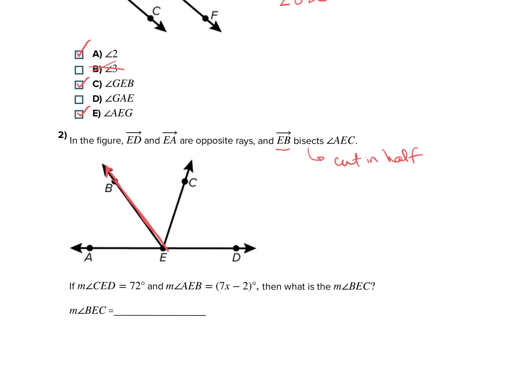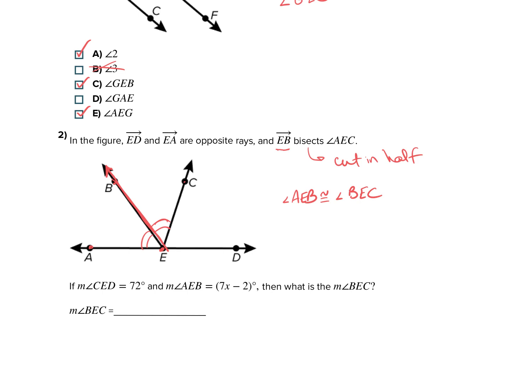Okay, so that means this angle and this angle are congruent. Okay, so AEB is congruent to BEC or CEB.